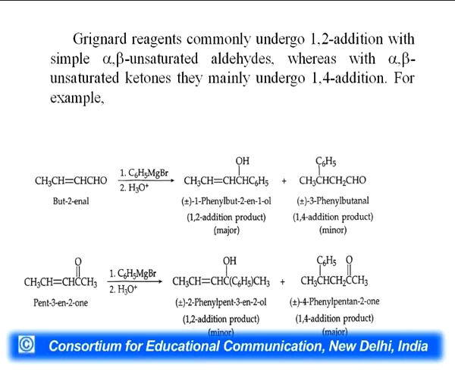This is 3-phenylbutanal. Ketones, when reacted with phenyl magnesium bromide followed by hydrolysis, again give the addition product, but the difference is that 1,4 addition will be the major product. This is 4-phenylpentan-2-one, and 1,2 addition will be the minor product. This is 2-phenylpent-3-en-2-ol.